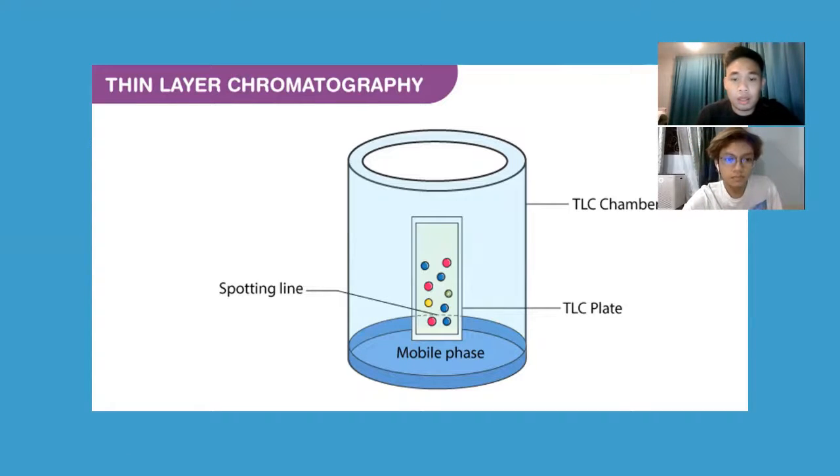The mobile phase will travel up the TLC plate until it reaches the solvent front, because this is liquid. You can see the result, which is the dots.